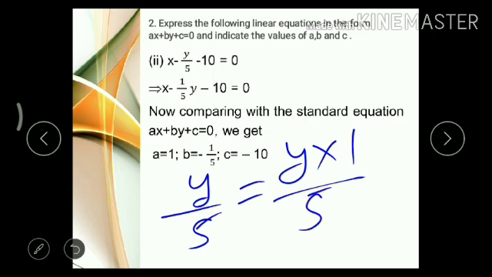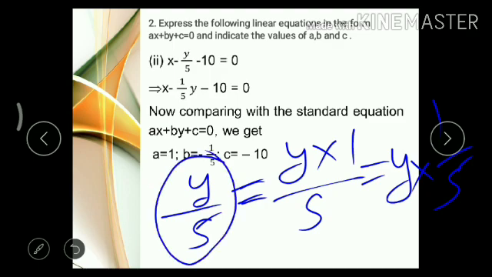So we can write the equal sign, because we have just multiplied by 1. So y by 5 can be written directly as 1 by 5 into y. This is what we have changed in the second line.